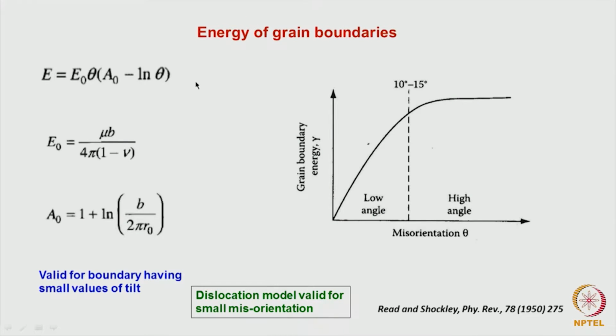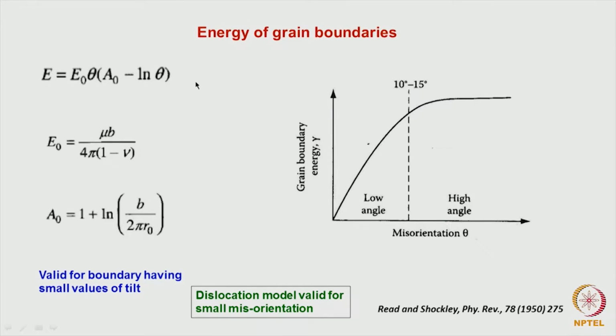It cannot happen. The reason essentially is that this is based on the assumption that each dislocation remains an individual dislocation. Beyond a particular angle theta, we can calculate what is going to be the separation between the dislocations.